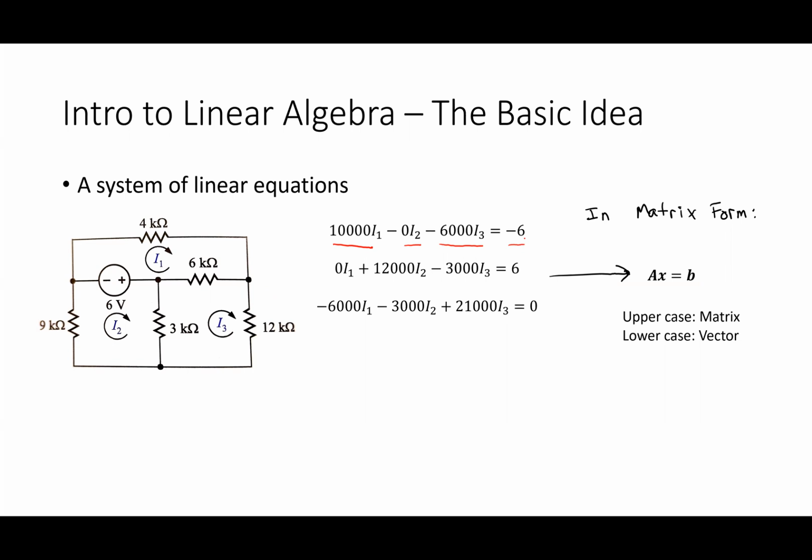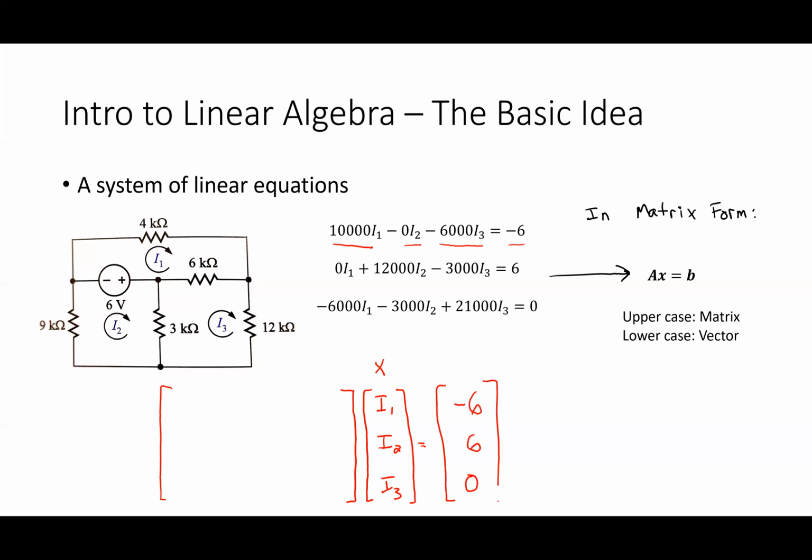So I'm going to try to put this into matrix form, okay? Hopefully I'm going to make it big enough. All right, I'm going to write it like this: I1, I2, and I3, which are my unknown values. This is my X. This is equal to -6, 6, and 0, like that, okay?